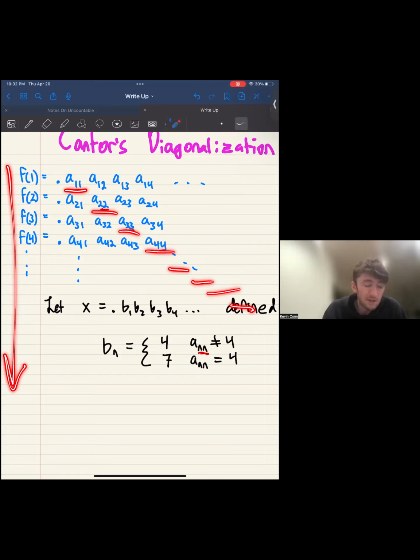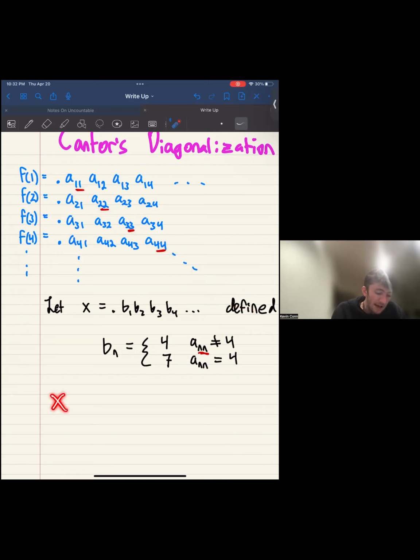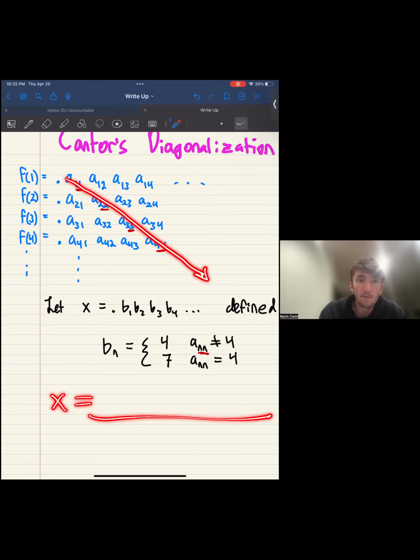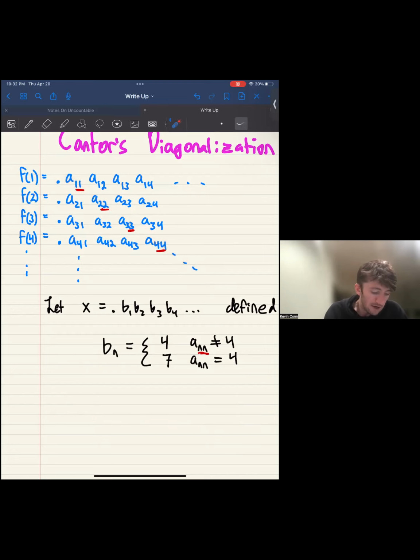And when we are done with that, we will have a number x that is unique from every single number on the list because we went and changed one number. We made one number different than every number on the list. So we have a new number, x.